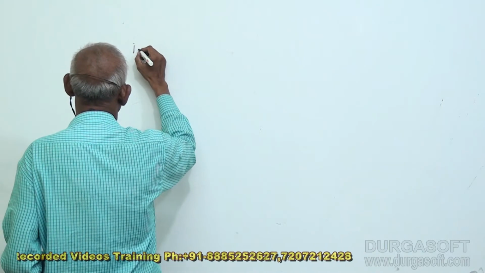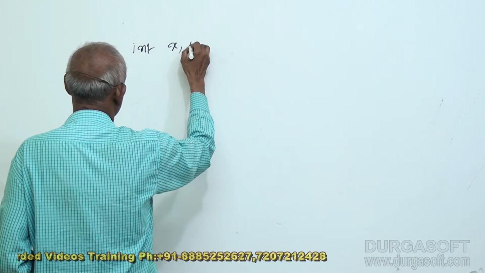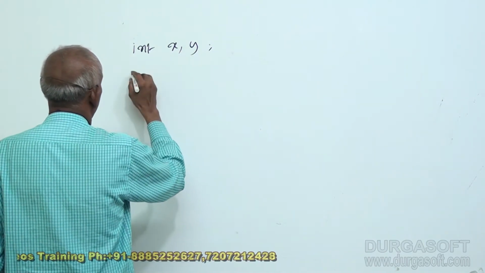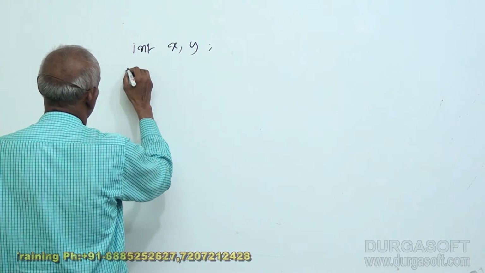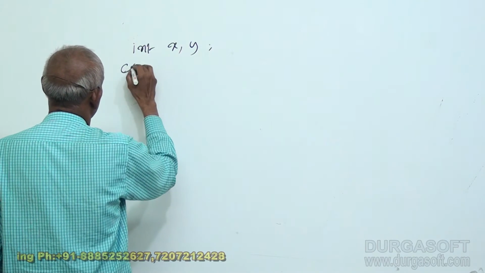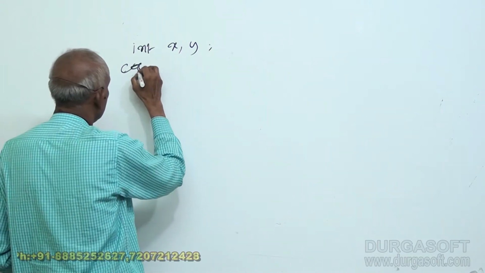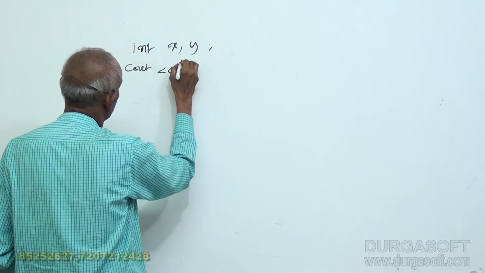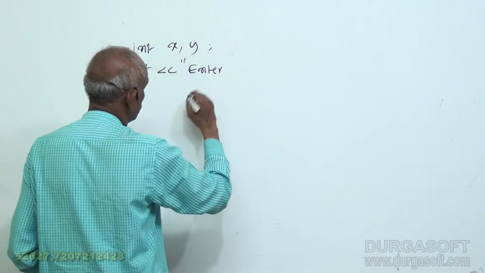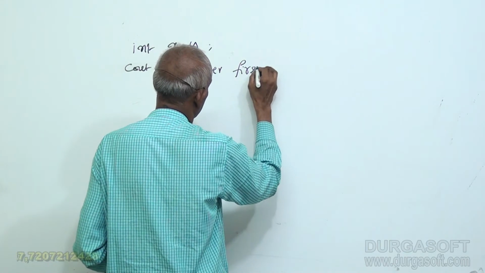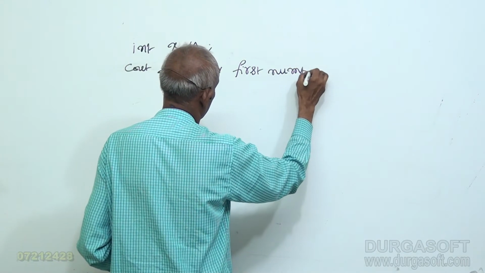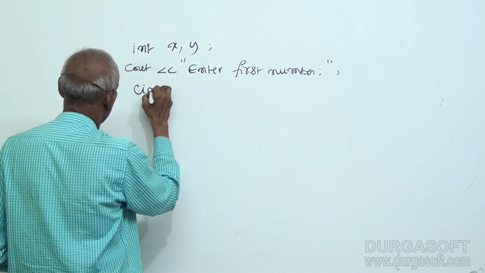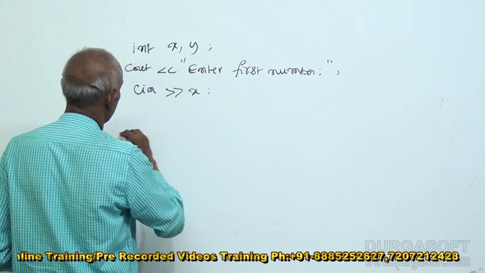First we have two numbers, x and y. Ask the user to enter the first number with cout, "Enter first number", and store it in x.